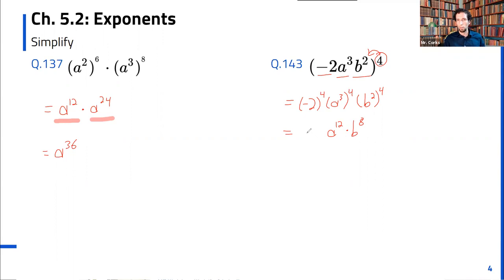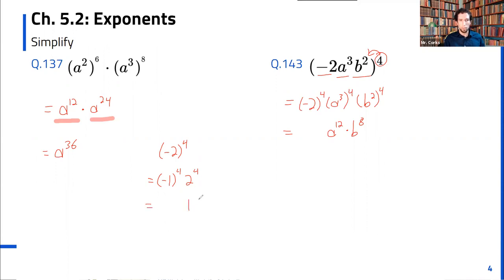16. Okay, positive or negative? Positive 16. What we could have done here, instead of -2 to the exponent 4, we could think of this as -1 to the exponent 4 and also positive 2 to the exponent 4.